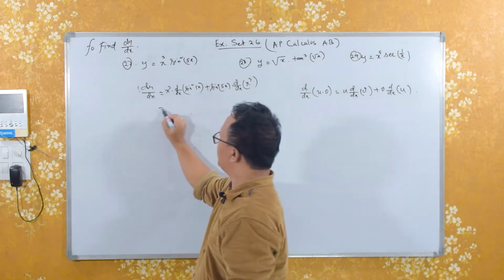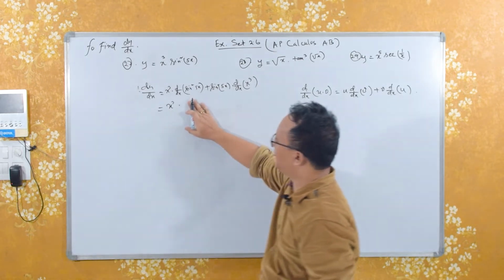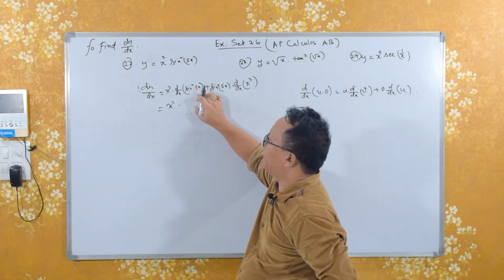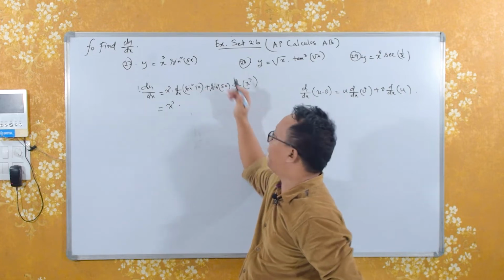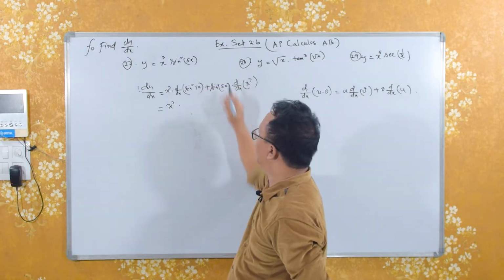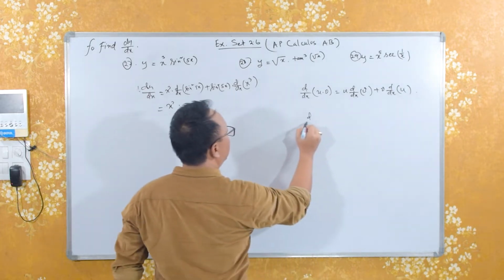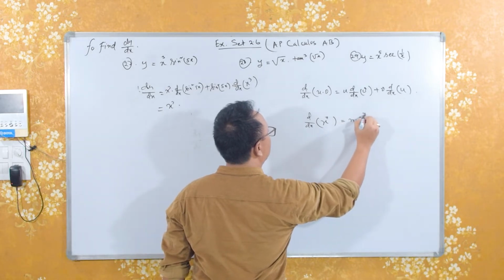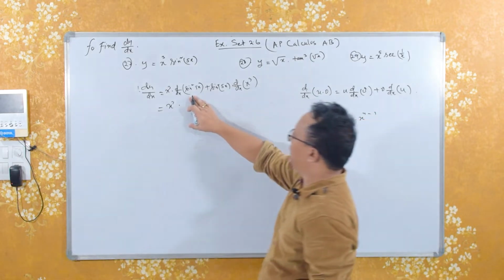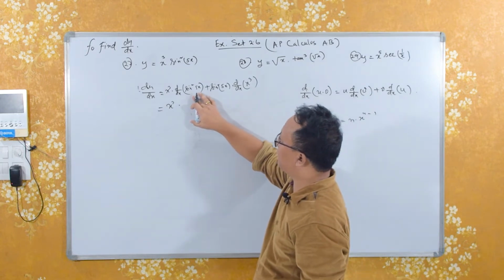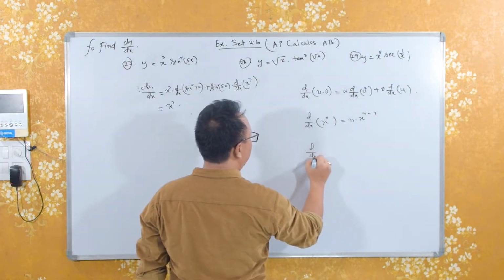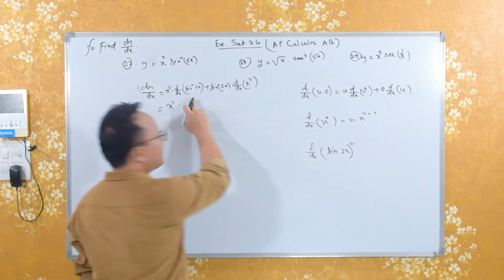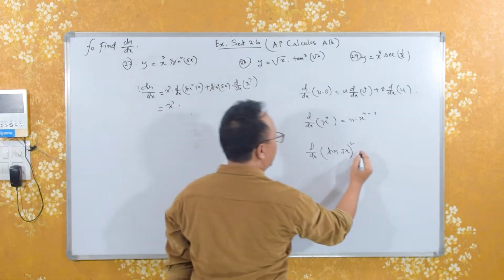Now sine square 5x is sine 5x the whole square. We have the formula d by dx of x raised to n is n into x raised to n minus 1. Sine square 5x is the same as sine 5x the whole square.